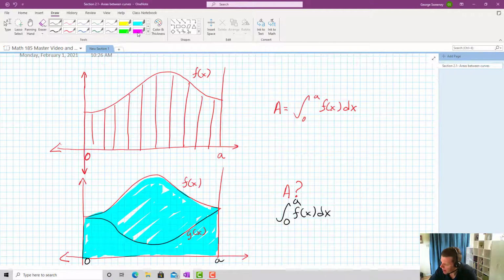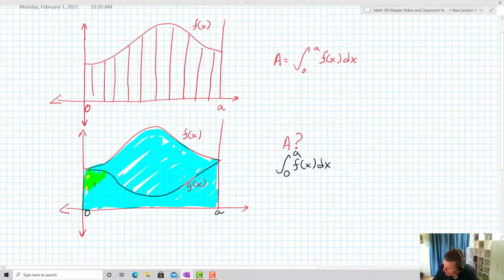Then let's look at the area for g. I'll take g and make that yellow. So now here's the area under the curve g, that's g of x dx.